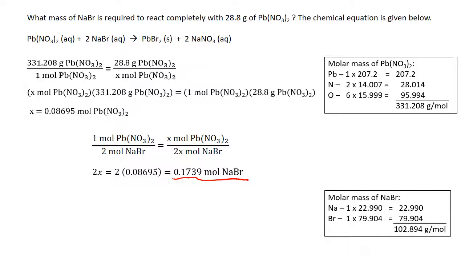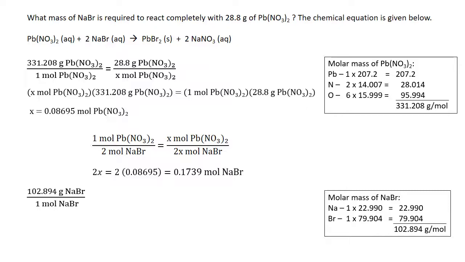There's 1 atom of sodium in each formula unit of sodium bromide. So we're going to multiply 1 times the 22.990 grams per mole of sodium atom from the periodic table. Then 1 atom of bromine in each formula unit of sodium bromide, so 1 times the molar mass of bromine from the periodic table. When we add that together, we get 102.894 grams in each mole of sodium bromide. We can write that again as a ratio.